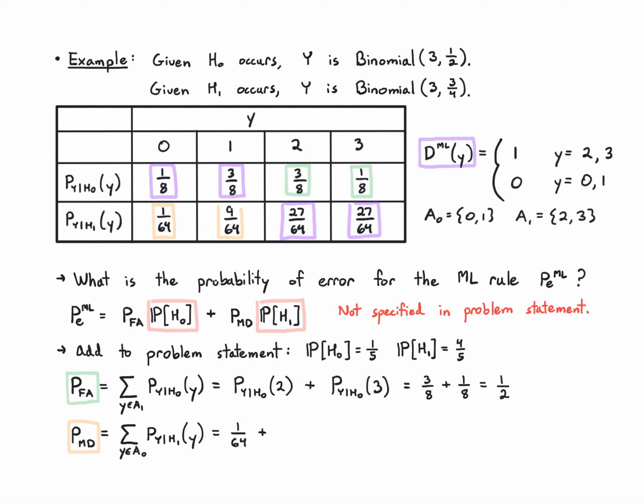And when y is 1, that's going to give me 9/64. Okay, and so summing that up, I get 5/32. So I can just now combine everything together to get the probability of error overall. I'm going to get 1/2 times 1/5 plus 5/32 times 4/5. Okay, and that's going to work out to be 9/40.